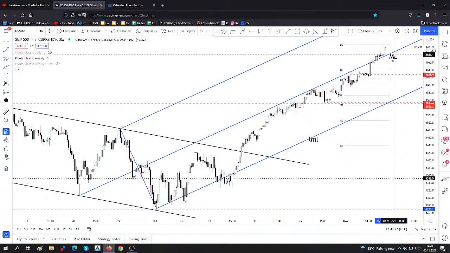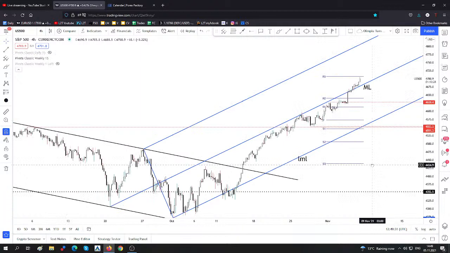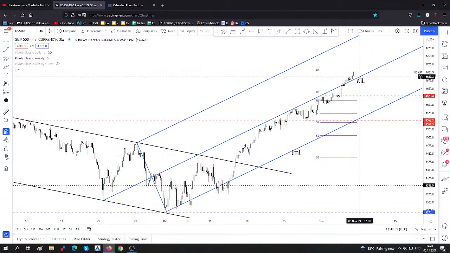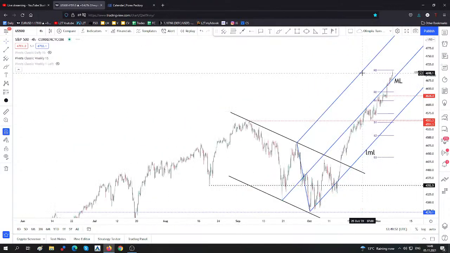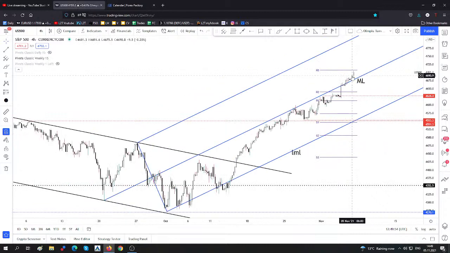And finally here in US 500 on the S&P, the price has managed to jump and stabilize above the medium line of the ascending pitchfork. Okay, so it has jumped, retested the medium line, and right now the bias is still bullish as long as it stays above the medium line.